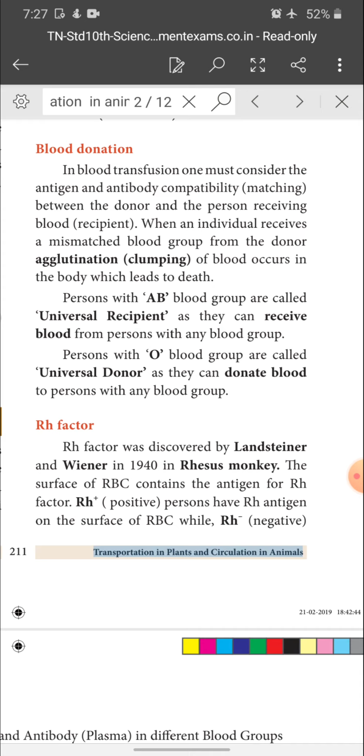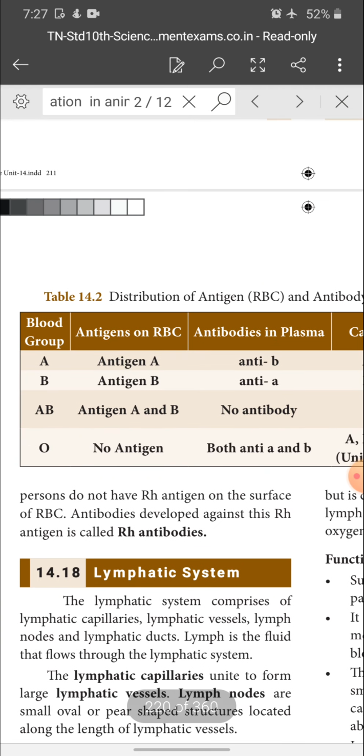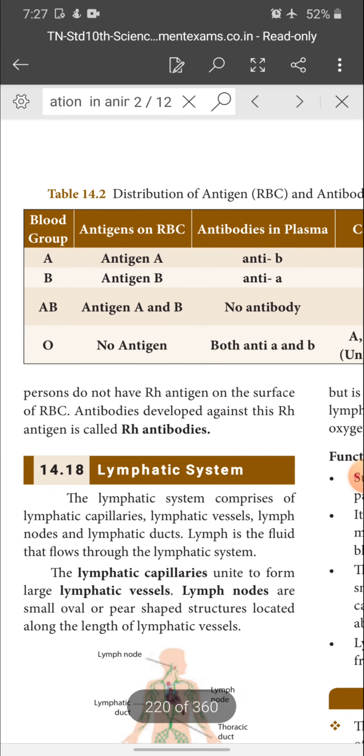Okay, so if the surface of the RBC contains the antigen for Rh factor, that is Rh positive. A person who has the Rh antigen on the surface of RBC is called Rh positive, while Rh negative persons do not have the Rh antigen on the surface of RBCs.